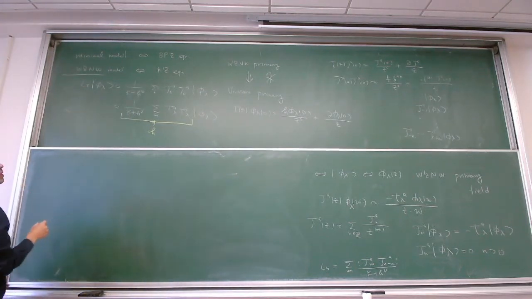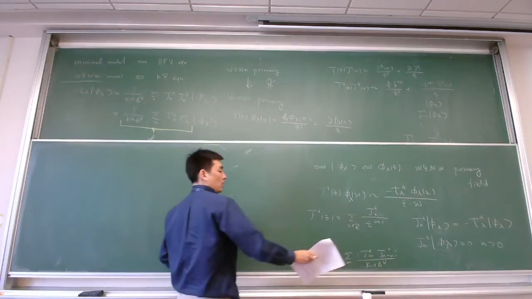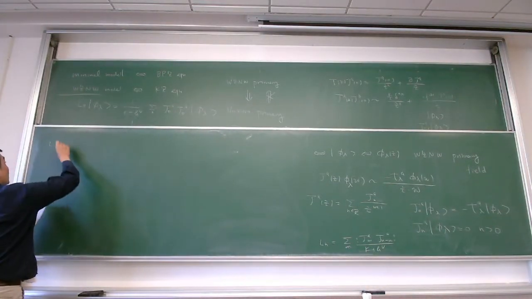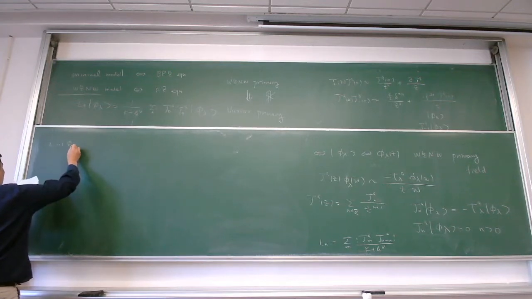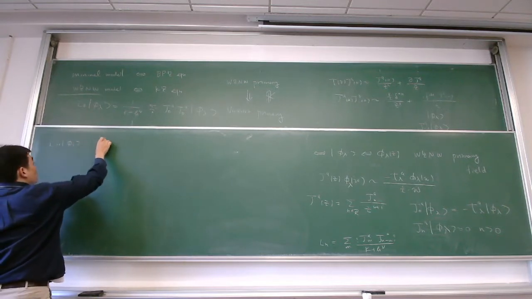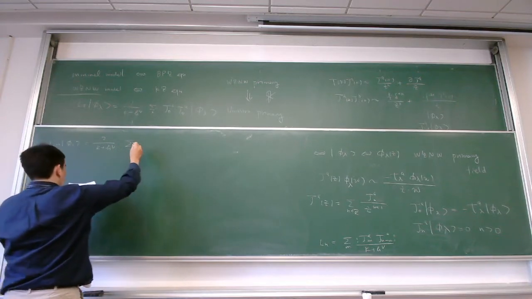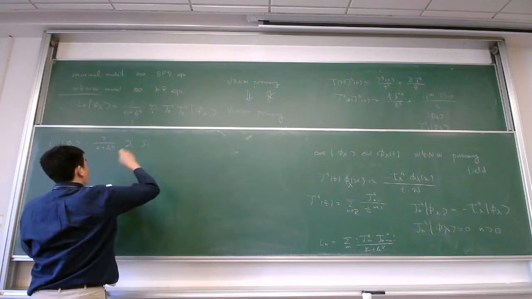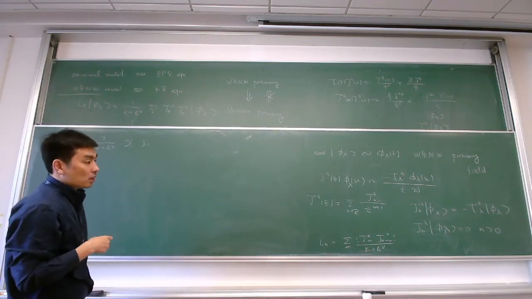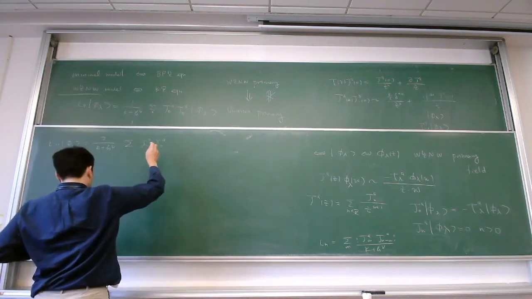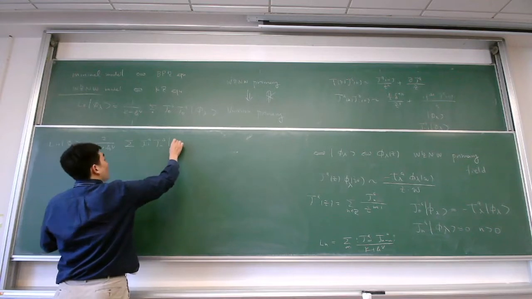So L minus 1, I think still here. The expression here is L minus 1 acting on this primary phi lambda, which is indeed equal to 2 over k plus h check, sum over j minus 1, J minus 1 and J0, J acting on phi lambda.